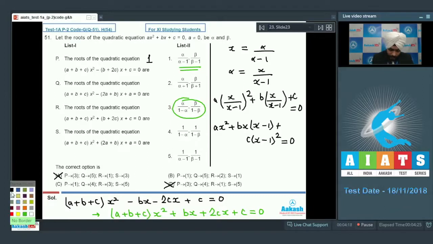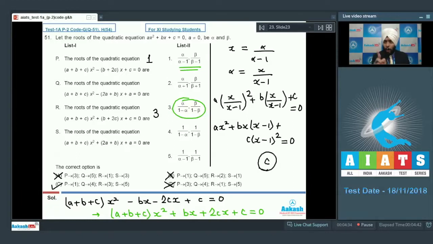So that means option number 3 in list 2 matches to option number R in list 3. So P matches to 1, R matches to 3. Option number B also gets rejected. Correct option is option number C. So you have to smartly work out through the given options and through the given combinations. Okay, let us move on to next question.